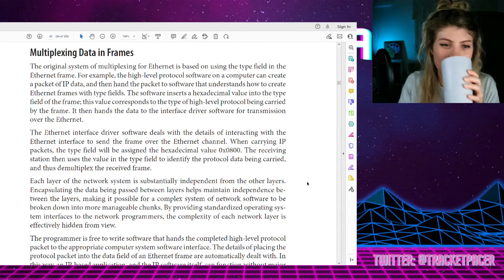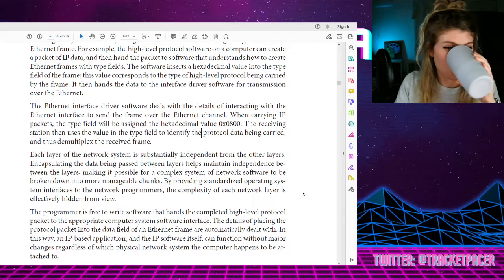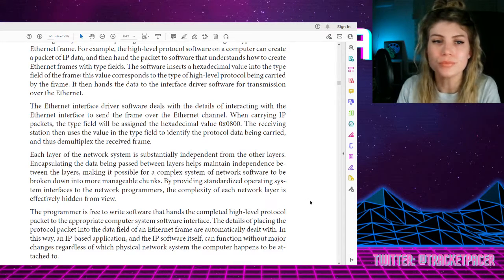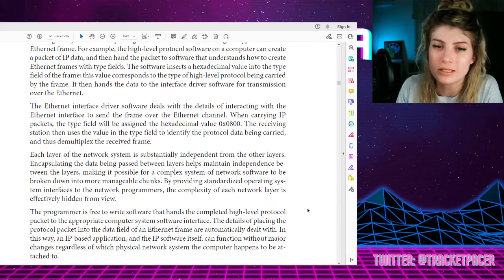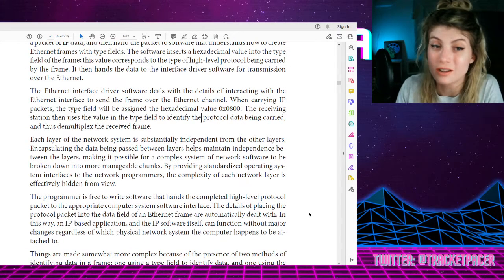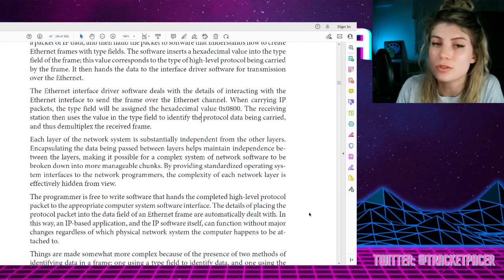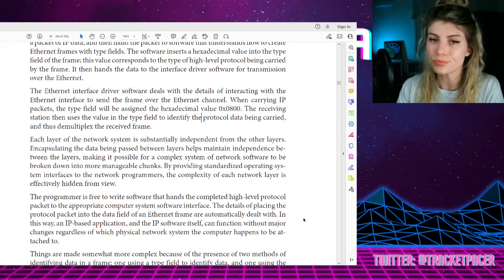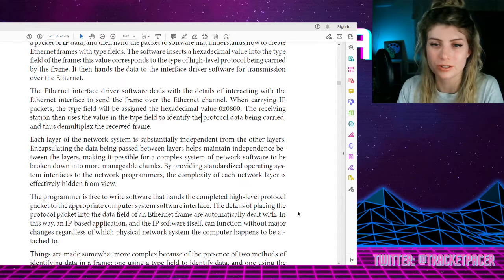Juicy details. Okay. The Ethernet interface driver software deals with the details of interacting with the Ethernet interface to send the frame over the Ethernet channel. When carrying IP packets, the type field will be assigned the hexadecimal value 0800.